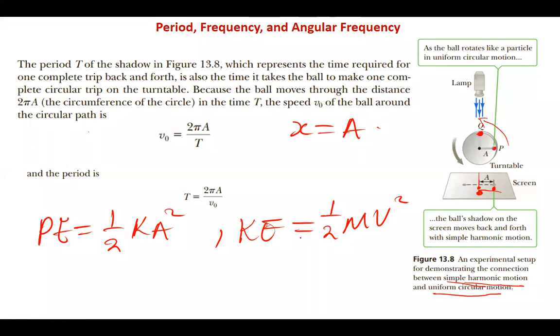Now, using the conservation of energy, the mechanical energy of this whole process is going to be conserved. The mechanical energy will just be the combination of all the energies that we have. The shadow here doesn't have friction.